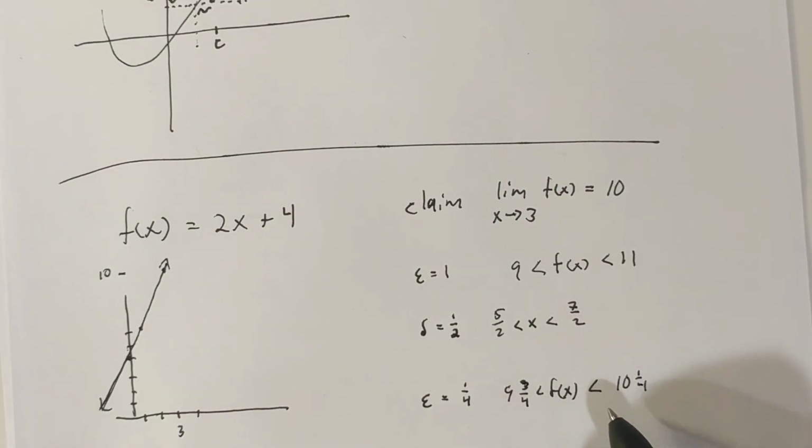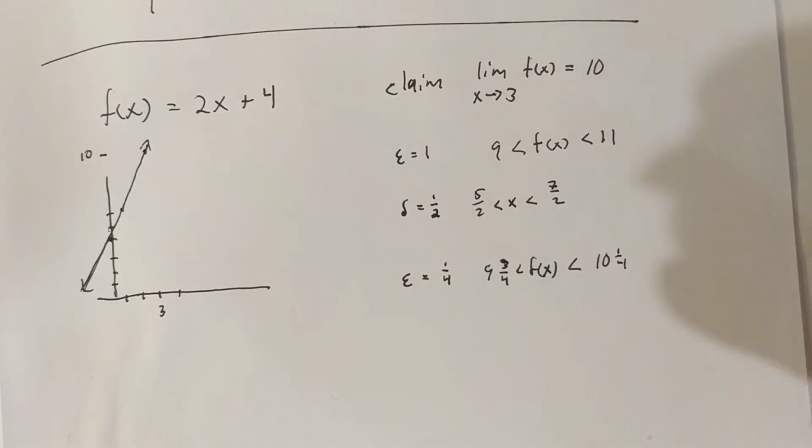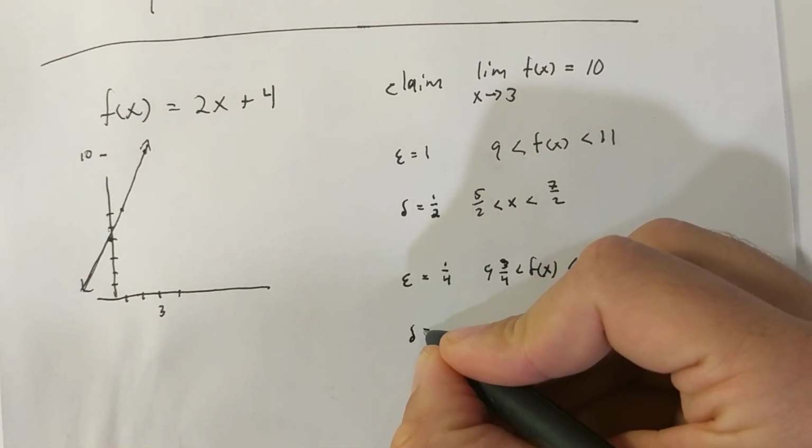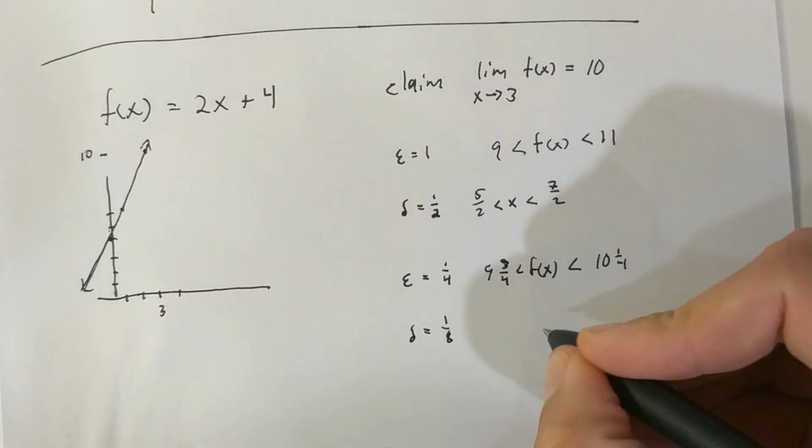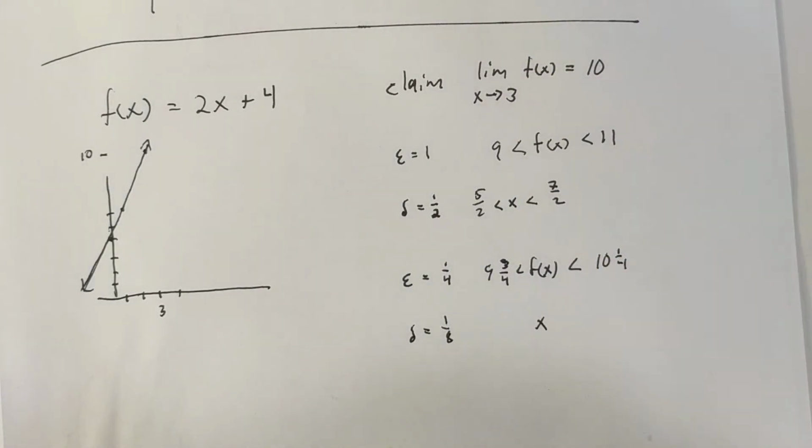Well, what sort of delta do I choose? Well, the delta I choose is actually going to be 1/8. In other words, my x, so 3, right?